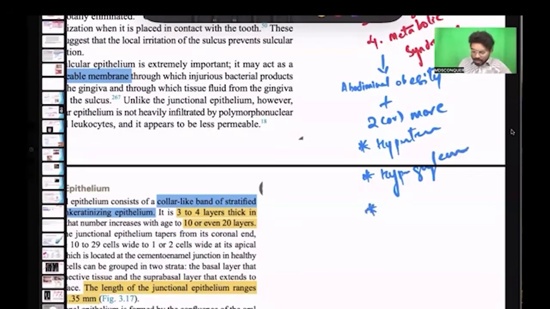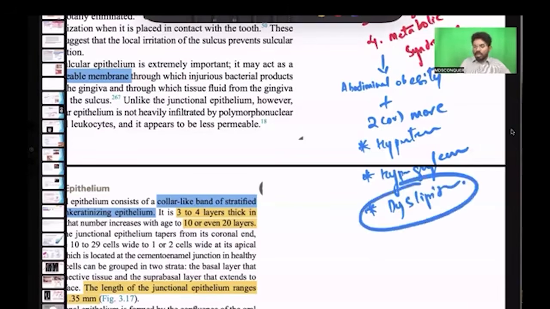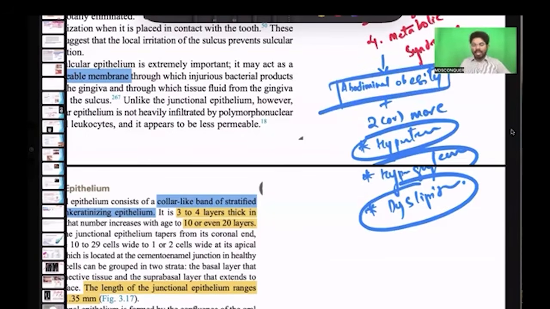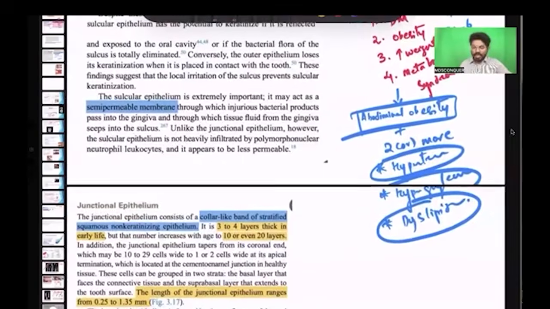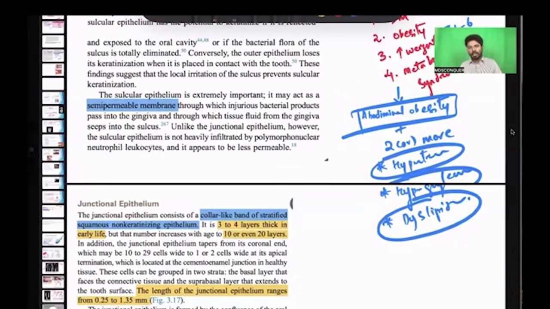And the third one is dyslipidemia: abnormal lipid production, high glucose production, and high blood pressure. If the patient is having any two of these along with the basic abdominal obesity, the patient is considered to have metabolic syndrome. Clear? That is the definition given in Carranza.